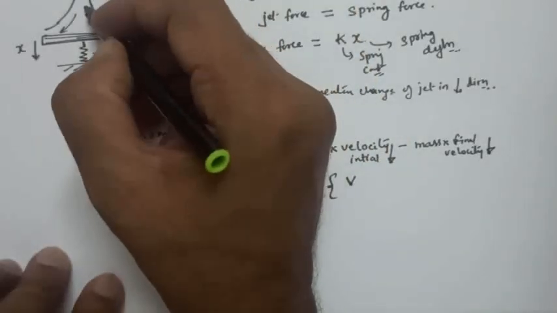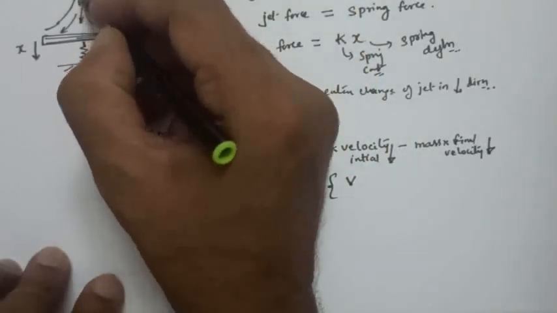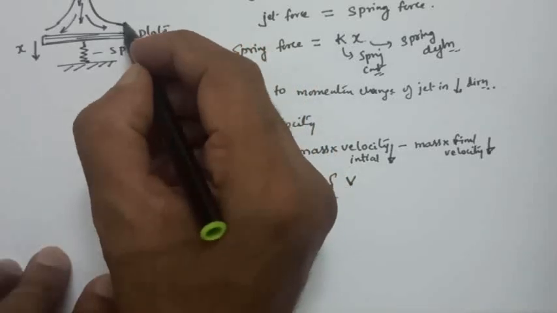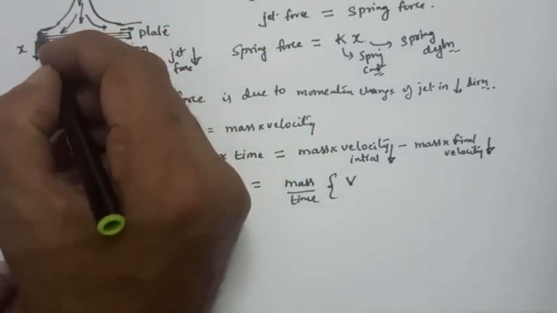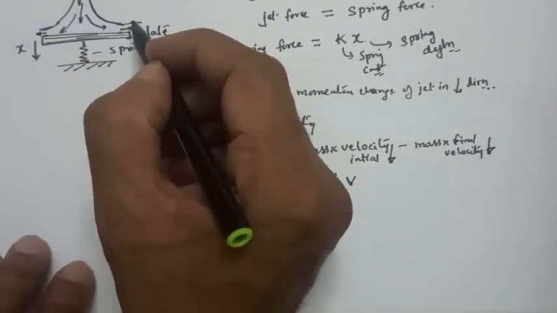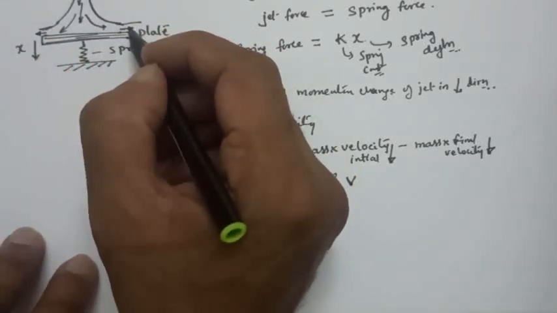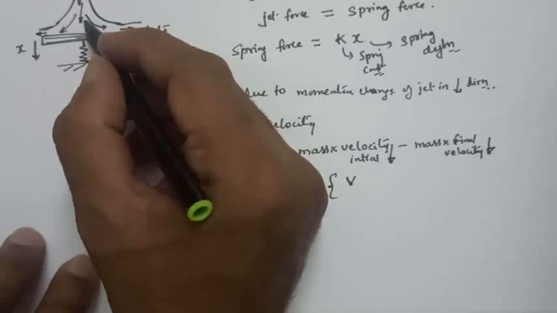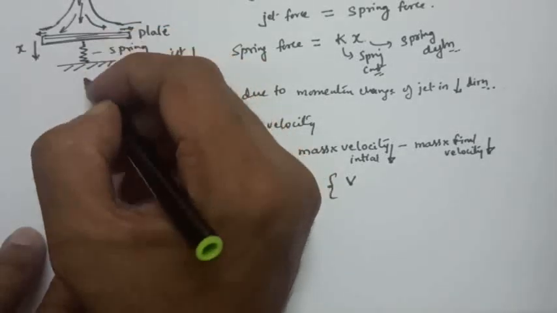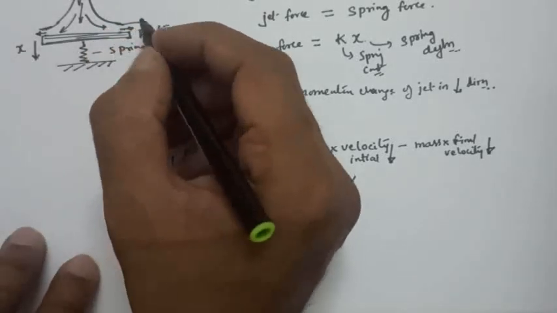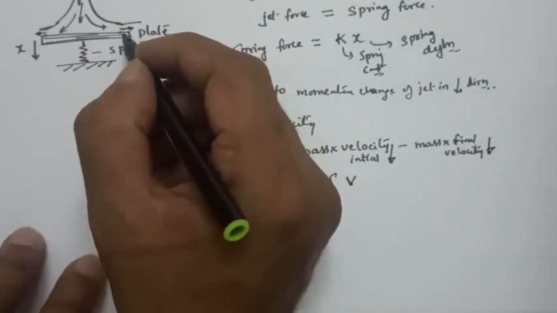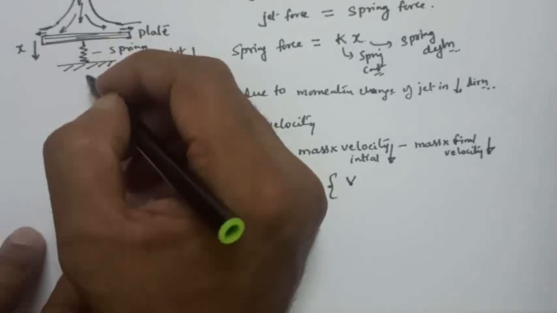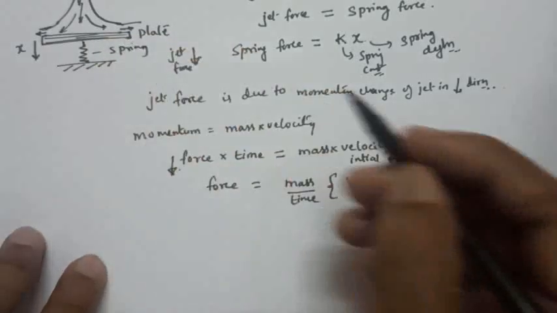After the impact, it is going in this direction, which is perpendicular to the initial velocity as well as the velocity in the downward direction. So after the impact, the final velocity in the vertical or downward direction is going to be 0.